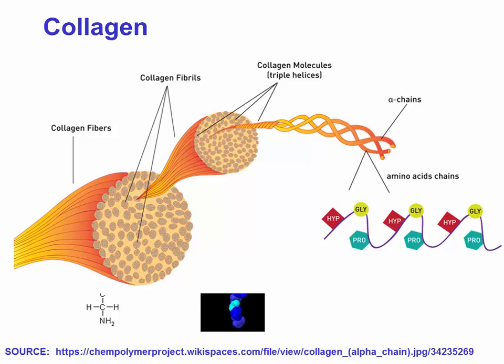And proline is one of those weird amino acids that kind of causes bending to happen. And so anyway, it allows for this very, very strong helical structure, and then they come together in 3 chains, and you can't break it. Collagen is one of those very, very powerful proteins, which is a good thing that we have it in our skin and other places where we need wound healing and that kind of thing.